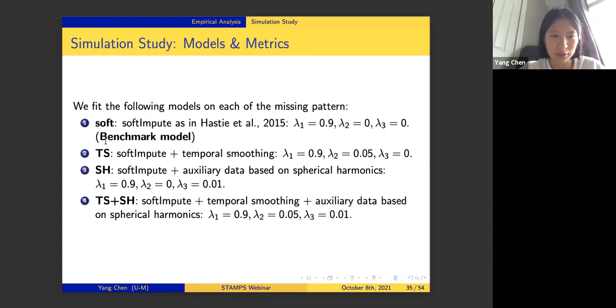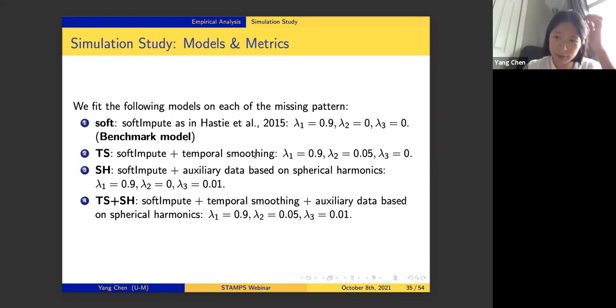The benchmark model is the soft impute LS. And actually, we choose the tuning parameter such that the soft impute LS has the best performance. So this lambda1 is tuned based on a cross-validation procedure for soft impute. And for the other competitive models that we propose, we stick to this particular parameter. So we don't tune our algorithms anymore, we just use the same lambda1 value as the soft impute.